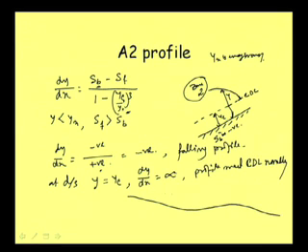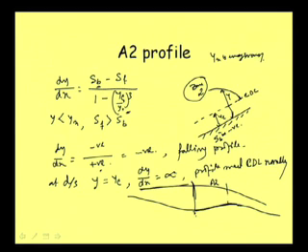In that case, this part may have some adverse slope, and the flow will be coming like this, and this part of flow may be an A2 profile like that. So what will be the depth at upstream? That will be governed by the flow depth here.